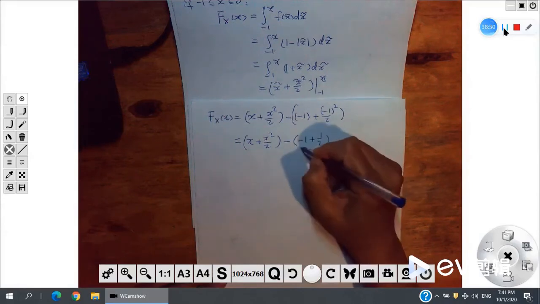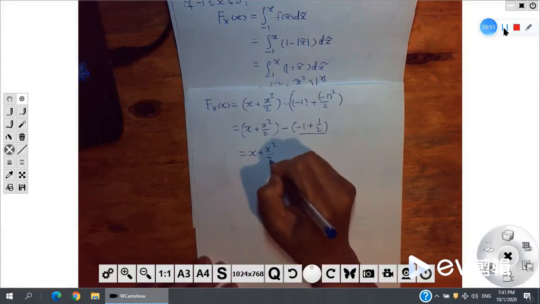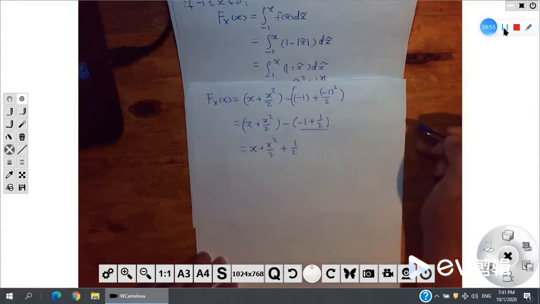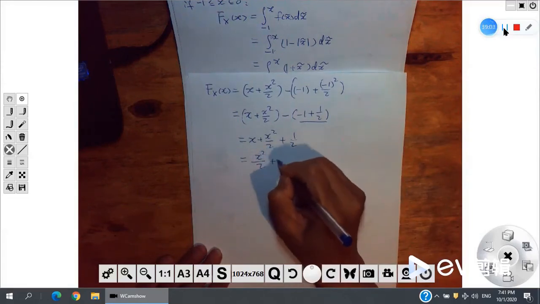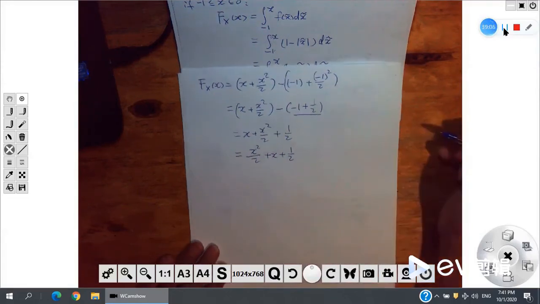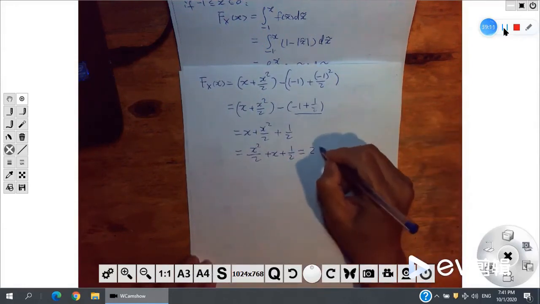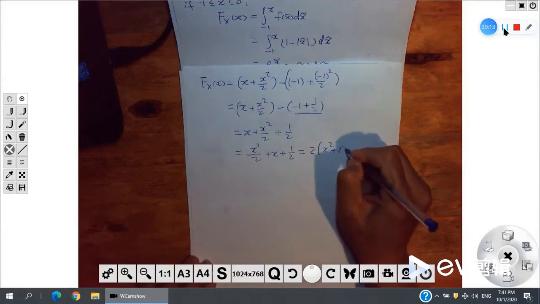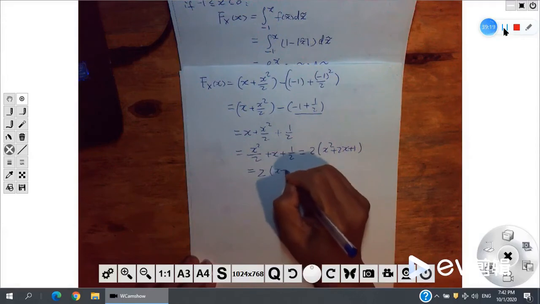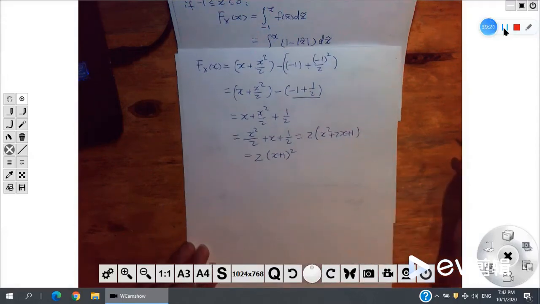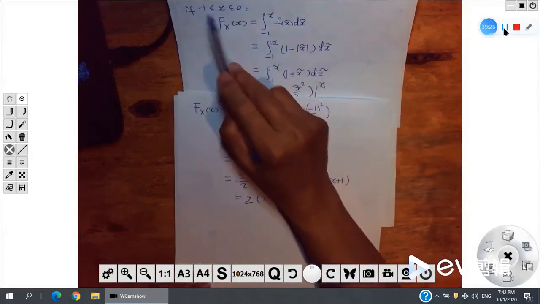This is negative 1/2, so it's a positive 1/2. So it's x plus x squared over 2 plus 1/2. People like to write these with the square term in the front, right? I put 2 in front. It is x squared plus 2x plus 1, which is 1/2 of (x plus 1) squared. Alright, this is F of x when x is between negative 1 and 0.